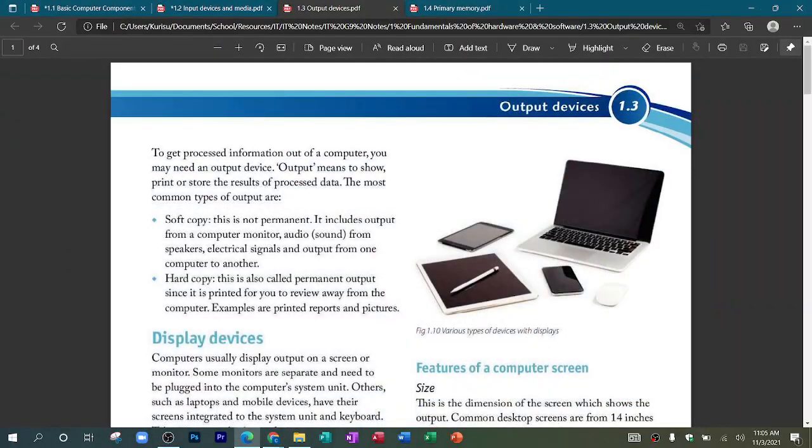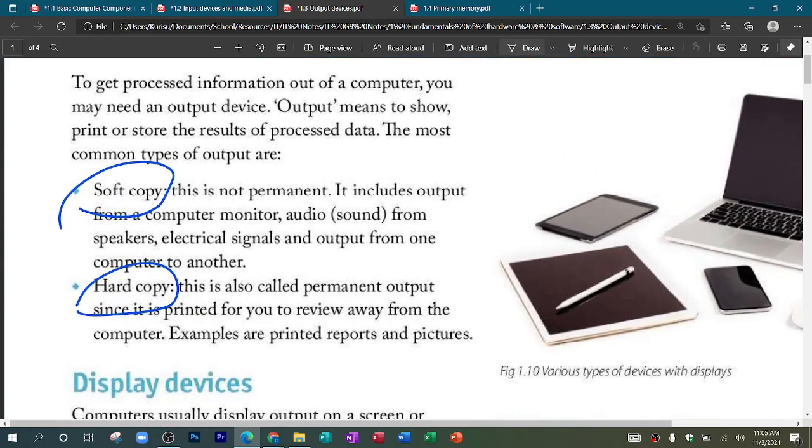And what are the types of outputs? We have soft copy output and hard copy output. Please remember that. Just like how your input device has two types, your output devices fall under two categories. They can either be a soft copy output or a hard copy output.